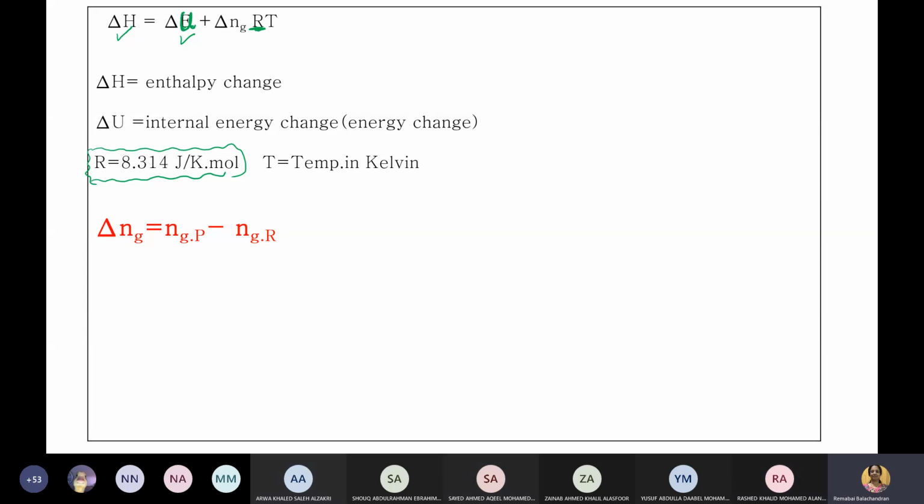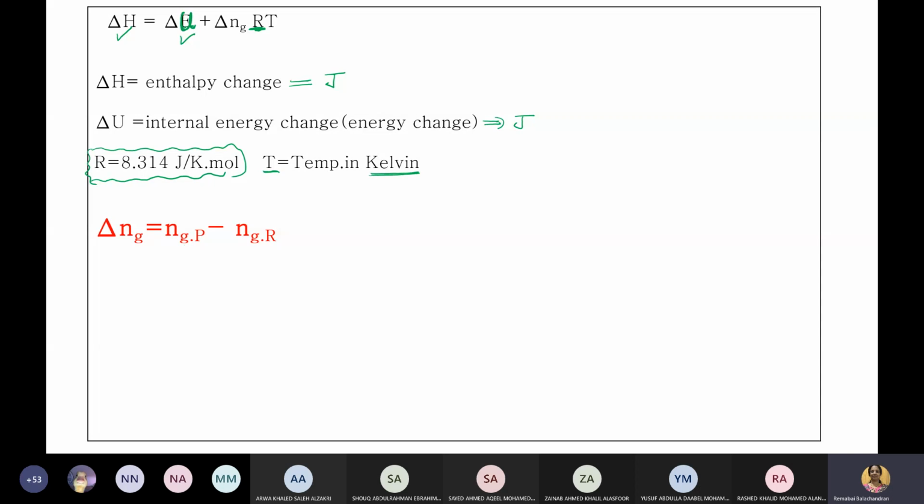Okay, so that means enthalpy change should be in joules. Internal energy change also should be in joules, and temperature must be in Kelvin. Now delta n g. You can just say delta n.